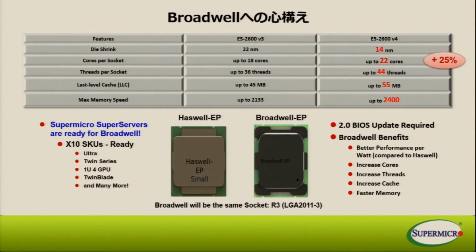For Supermicro's systems, right now we are all ready for Broadwell because it's pin compatible. What you need to do is just take the existing system and update it with the newer BIOS, and that's done. Then you can enjoy the advantages we just talked about.